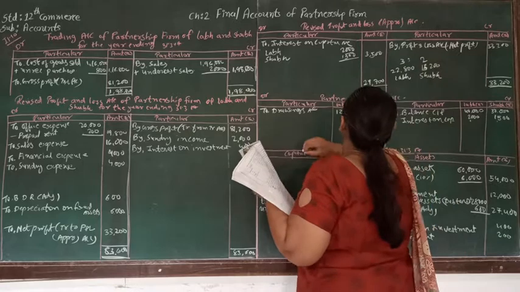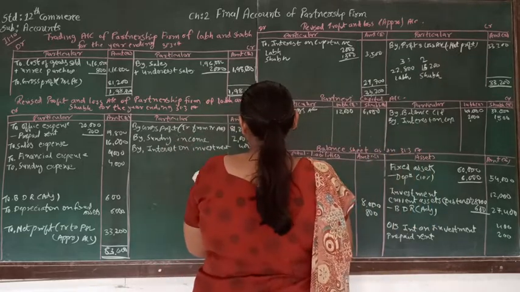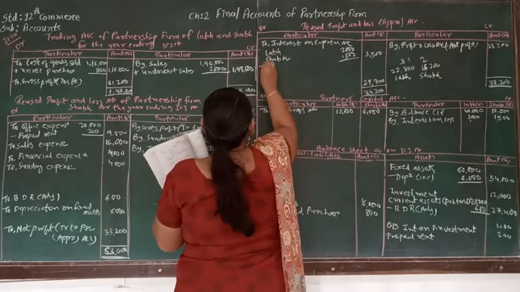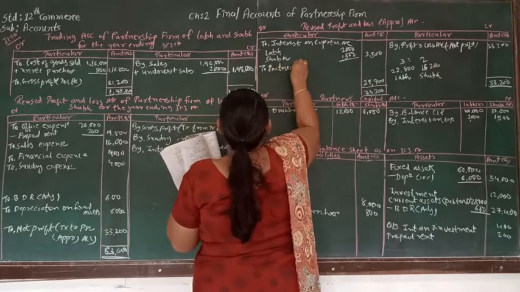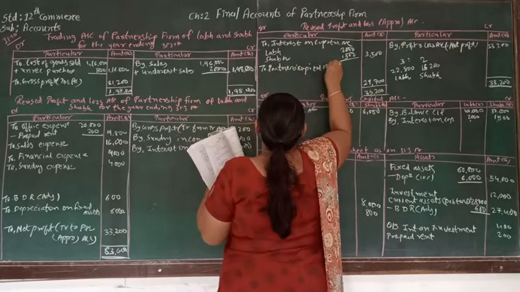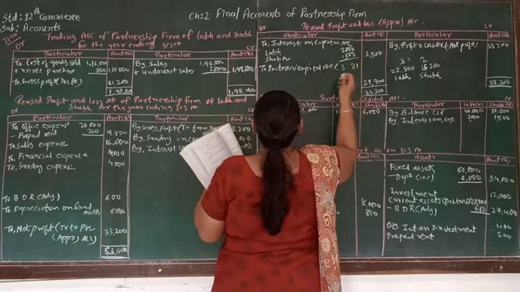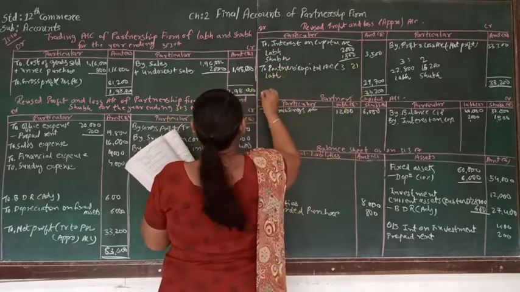So again we are going to distribute the profit in the ratio of 3:2 to the partners capital accounts, Love and Soup.